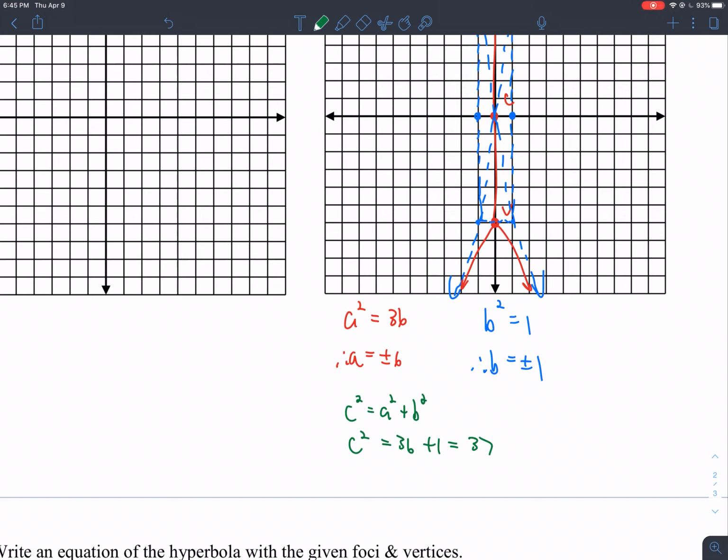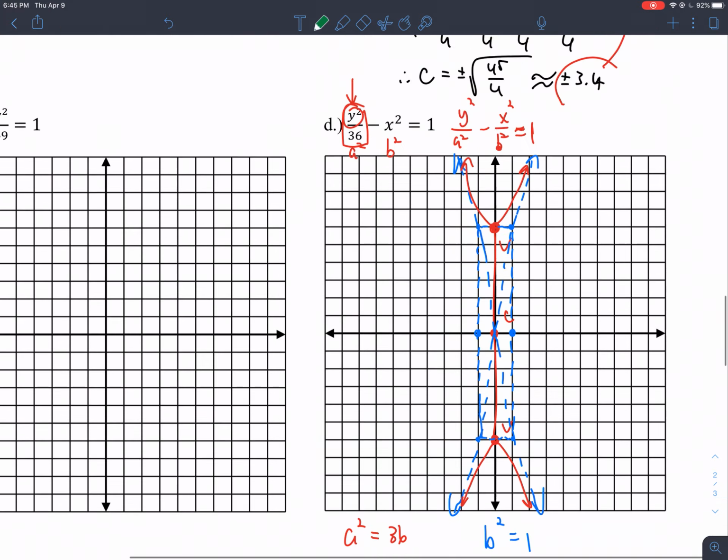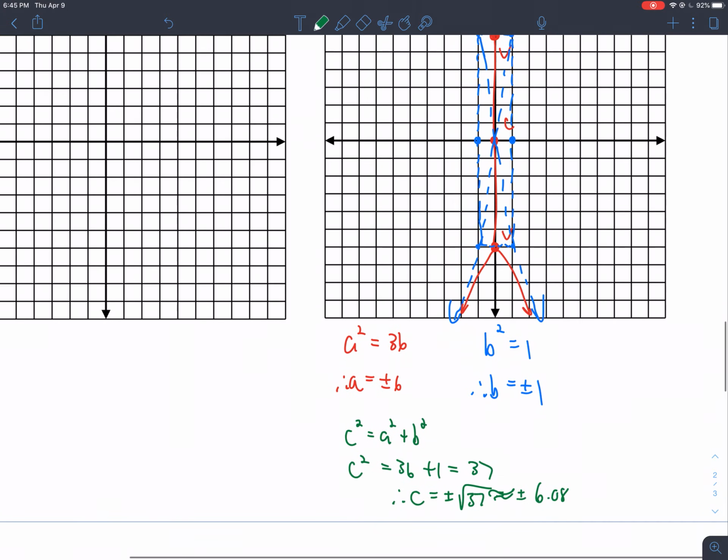And then if I take the square root, c is plus minus root 37, which is approximately plus minus 6.08 or something like that. That's just slightly bigger than 6. I wonder if that's right. Did I do that right? Yeah, that must be correct. So like 6.1 maybe or something.